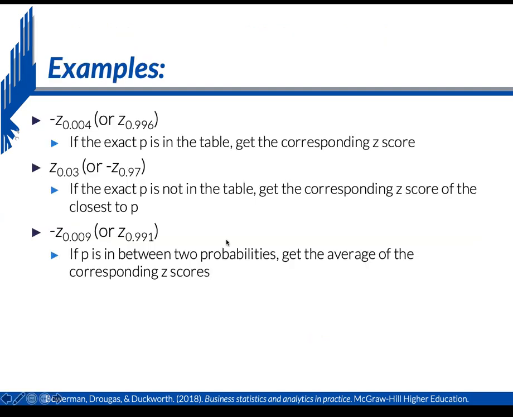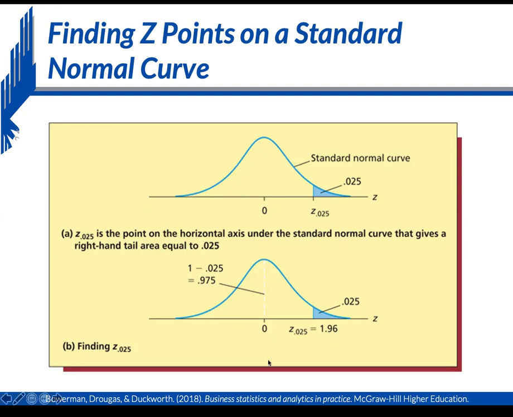Now, technically speaking, every z-score can be denoted using a negative or a positive z. So this one is denoted as z sub 0.025 because 0.025 is an area to its right, but this can also be denoted as negative z sub 0.975 because 0.975 is the area to the left of that z-score.